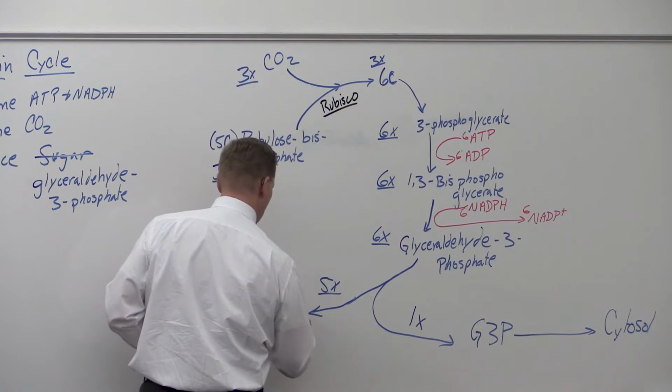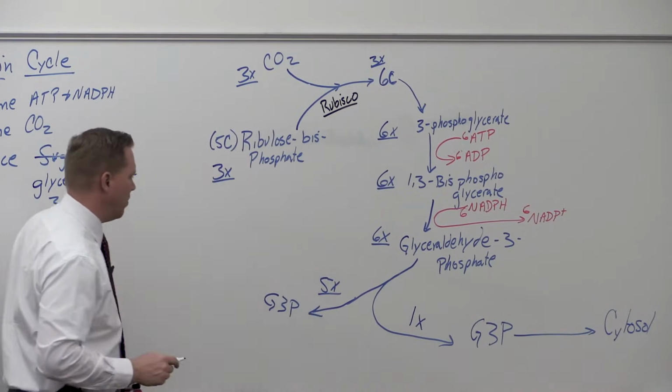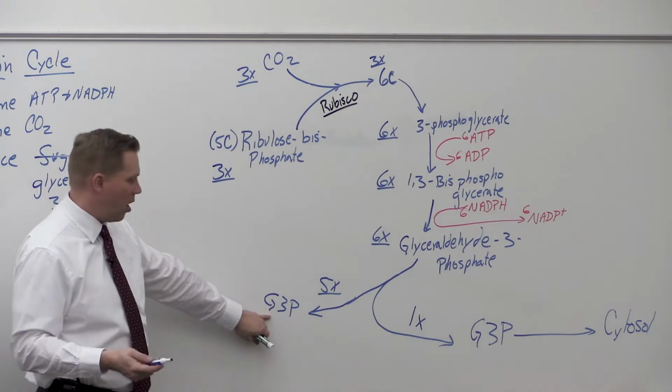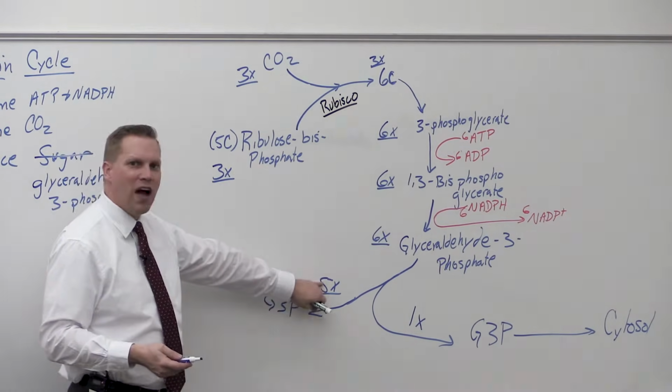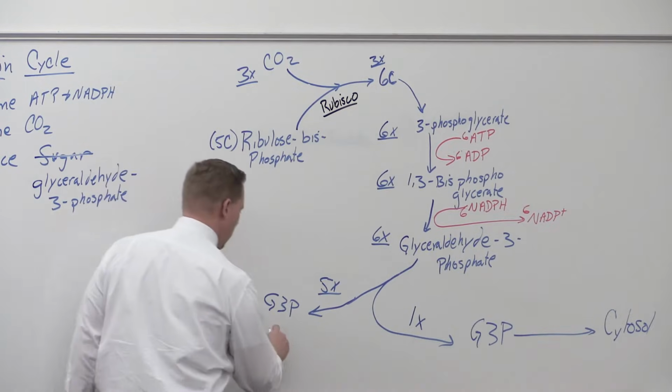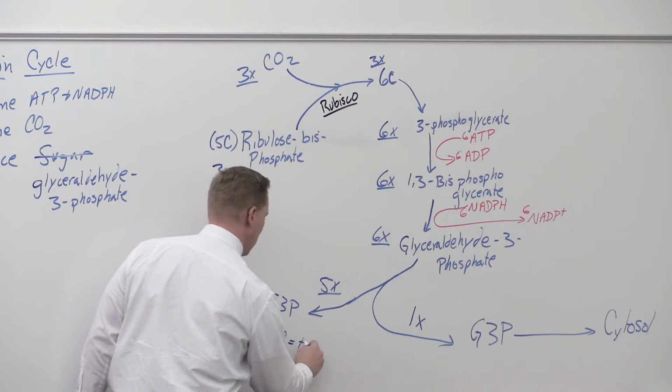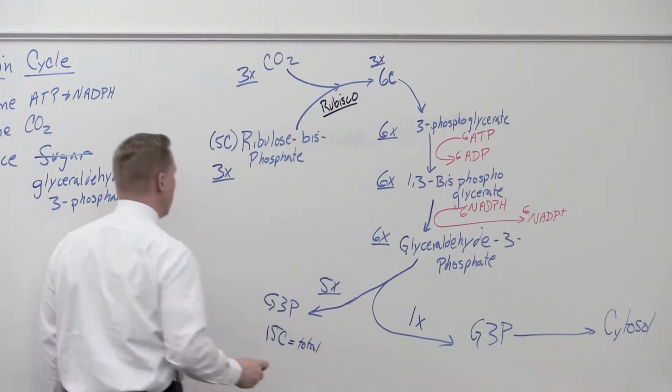So there's our 5 remaining G3Ps. Now, when I do the math, remember G3P has 3 carbons on it, but I've got 5 of them, which means I've got a total of 15 carbons. Right? The 5 times 3.